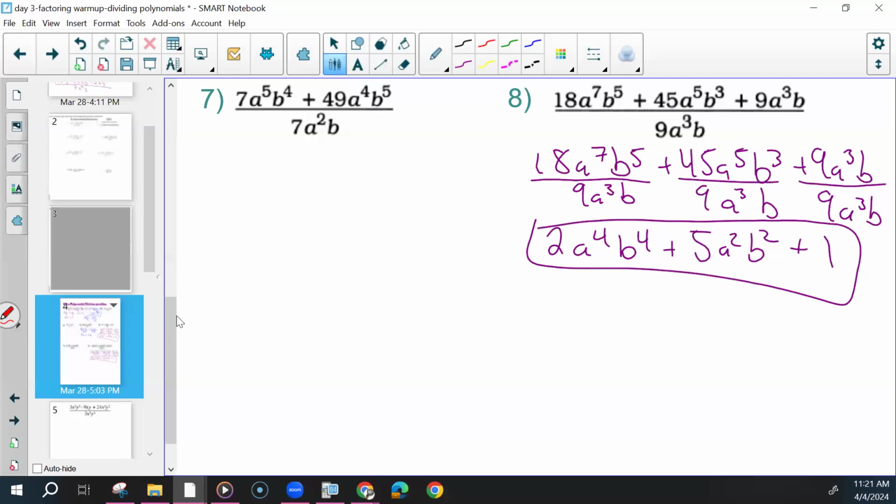Alright, so I'm gonna show you an example where GCF might not be the best choice, but it will still work. And then you may want to separate instead. So somewhere where you have space, write this down.